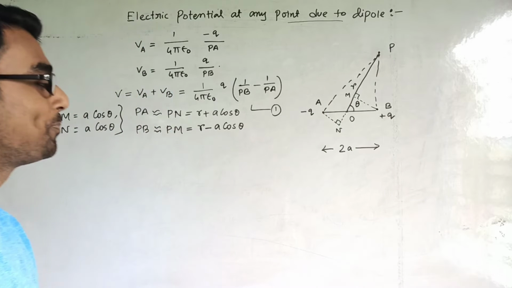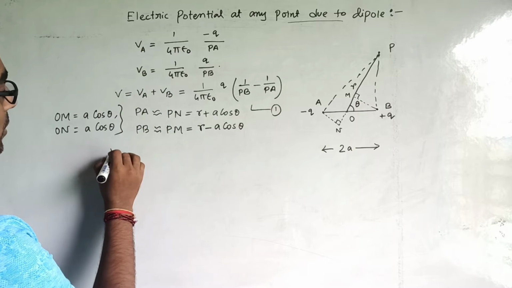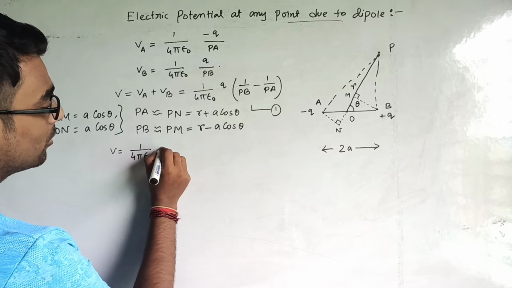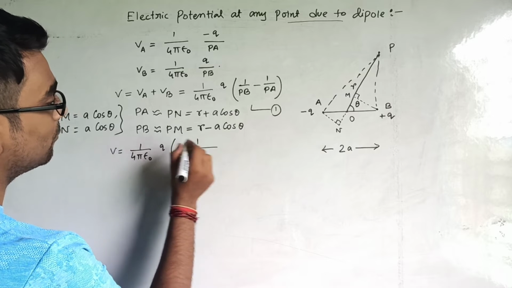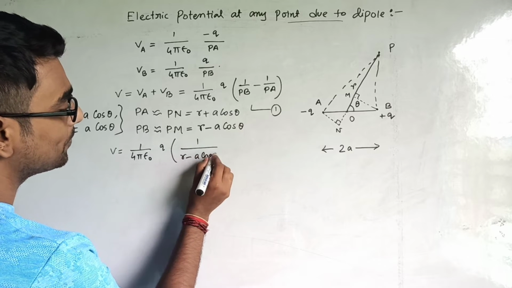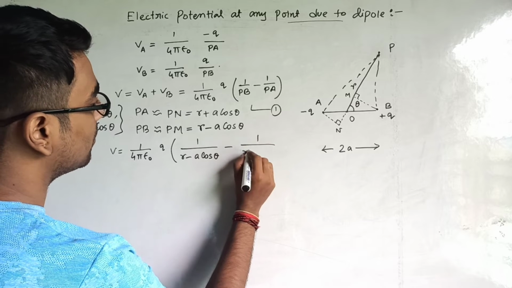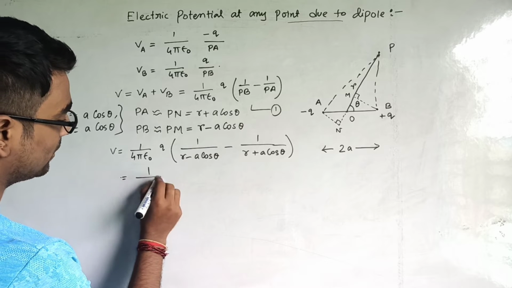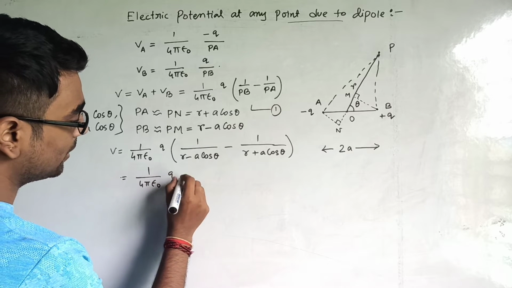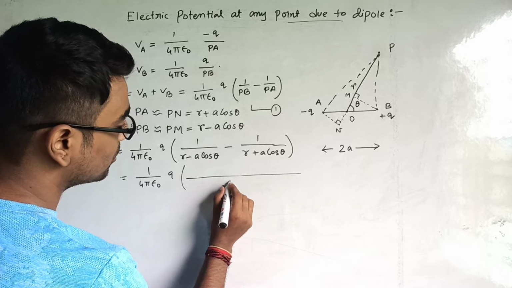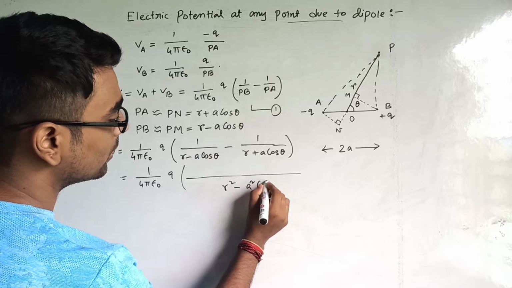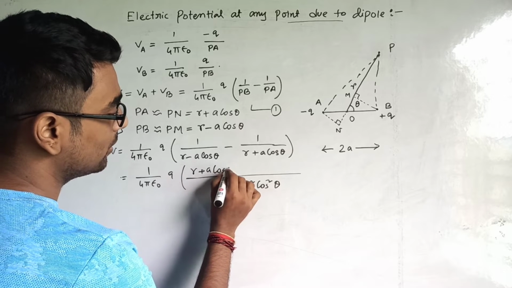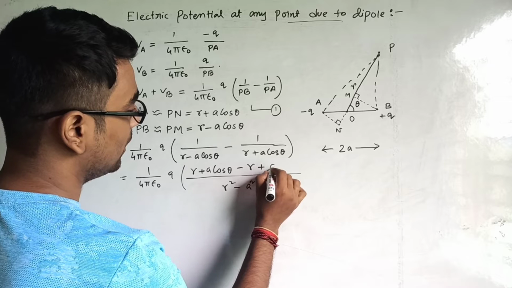Now we will put the values in the above expression and we will get 1 by 4 pi epsilon naught Q times 1 by R minus a cos theta minus 1 by R plus a cos theta. If we take the LCM, it comes out as R square minus a square cos square theta in the denominator, and in the numerator R plus a cos theta minus R plus a cos theta.